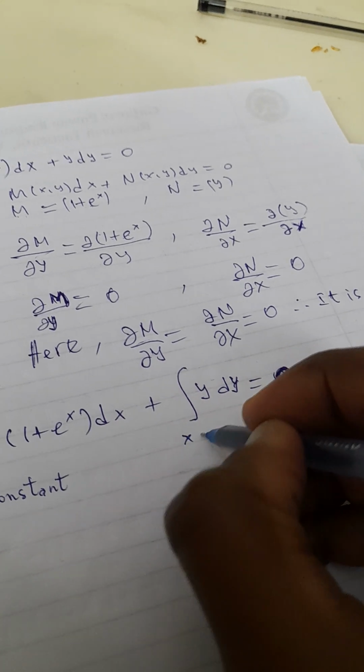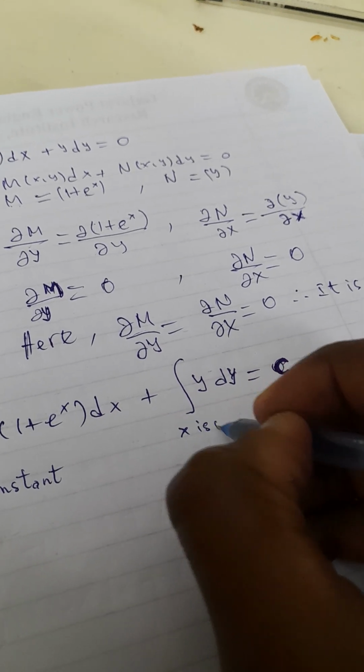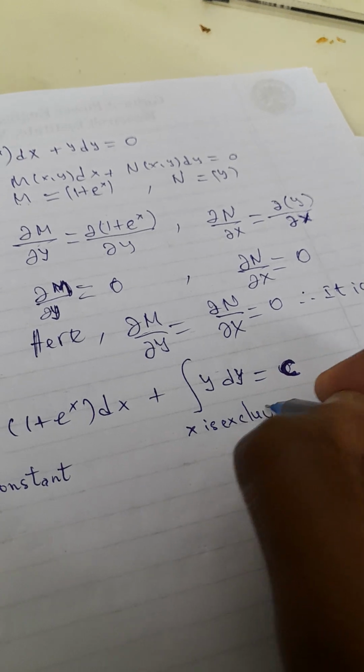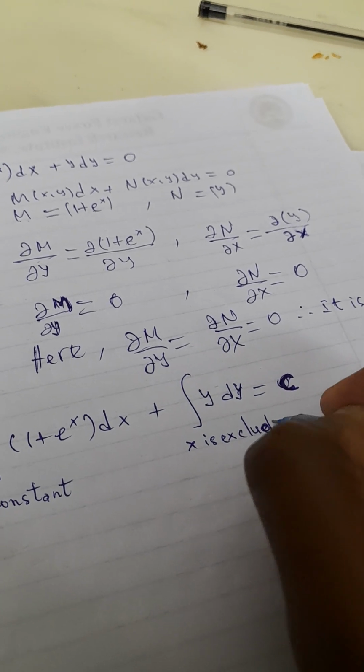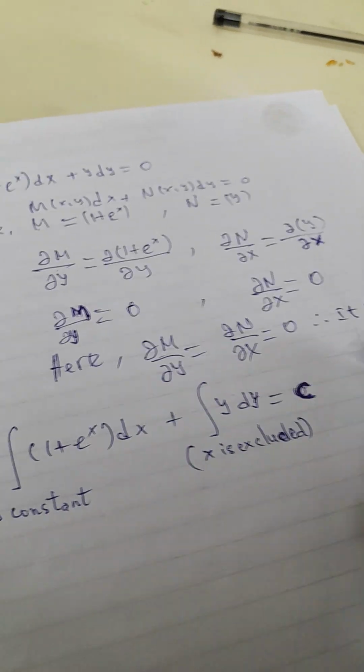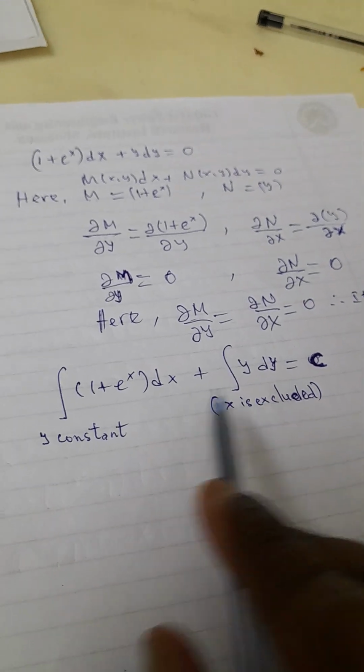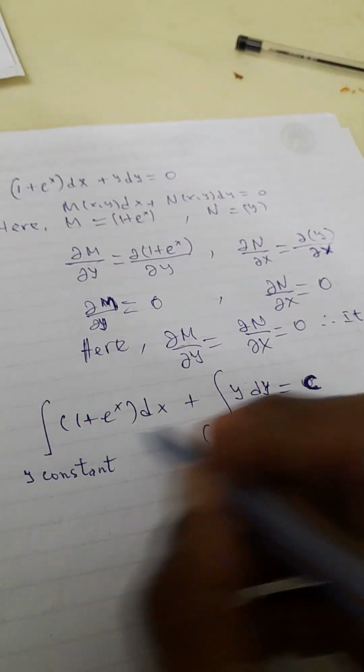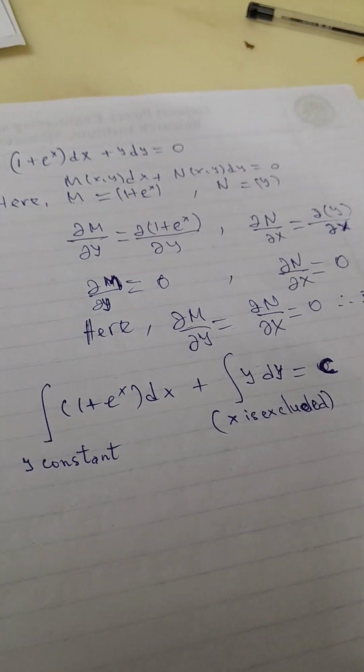Here x is excluded; you just have to exclude any x in there. This is the first step.